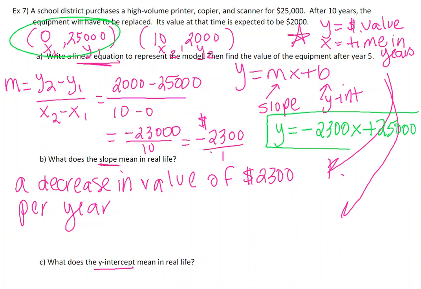And that is my linear model to represent the value, which is y, of this printer at any year during this 10-year period. The y-intercept is here, and what does that represent in this situation? This is the value of the printer new.